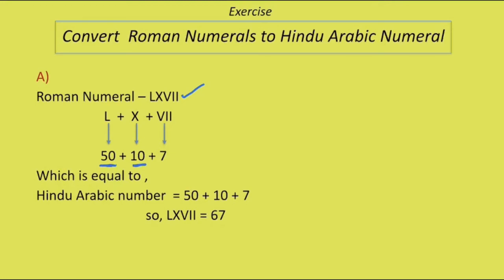And VII Hindu-Arabic value is 7. Now add all the numbers, that means 50 plus 10 plus 7, you will get 67. So LXVII value is 67.